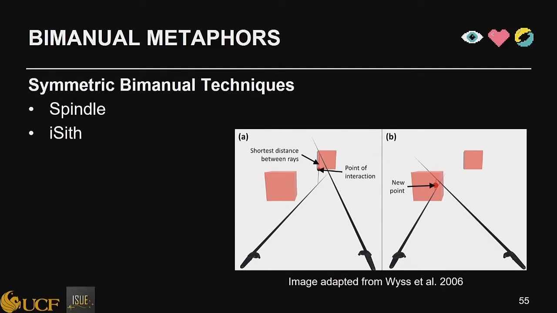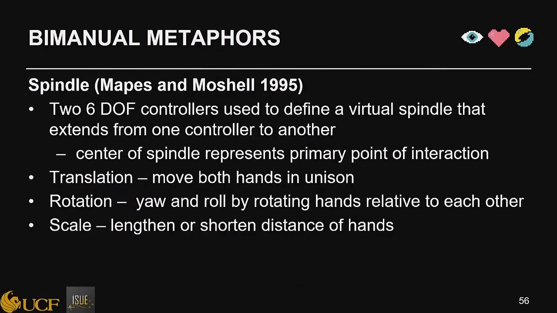One category is the symmetric bimanual techniques, and the two that we'll talk about are spindle and isith. And the spindle technique has a very interesting history. It was first developed by Mapes and Michel in 1995, and happens to be a technique that is used in the Make VR application that Jason talked about, because the previous version of that application was developed in part by the people who developed this technique.